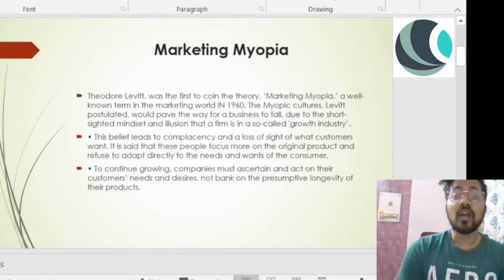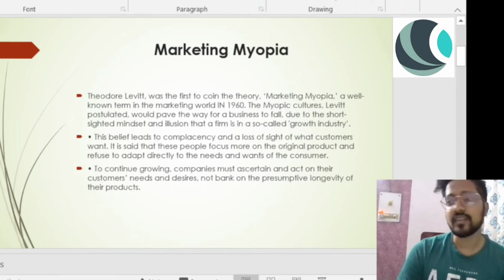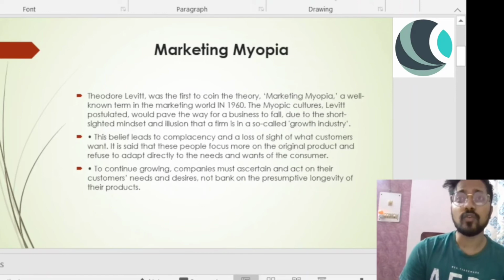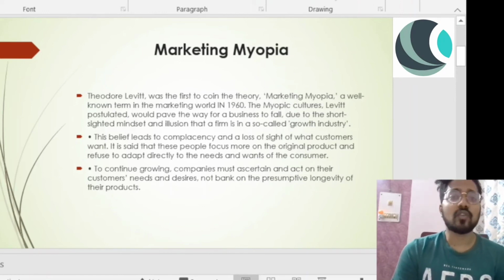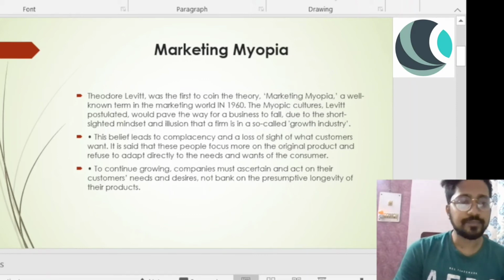But no, you're relying on the success that you are having currently, and you're thinking that this will last forever, right? You're short-sighted. You're thinking that this product that I launched got me huge benefits, and certainly I'm not looking beyond that, at what if tomorrow something new comes up and I'm not aware of it. I'm not asking or looking up to the customer needs or wants.